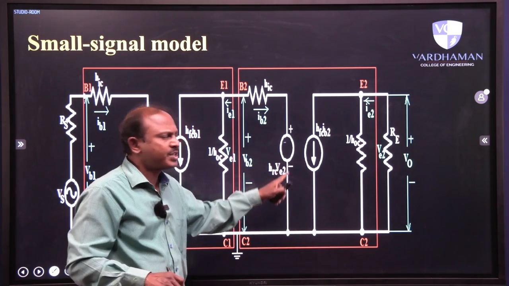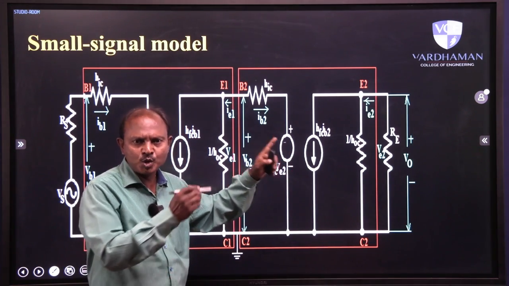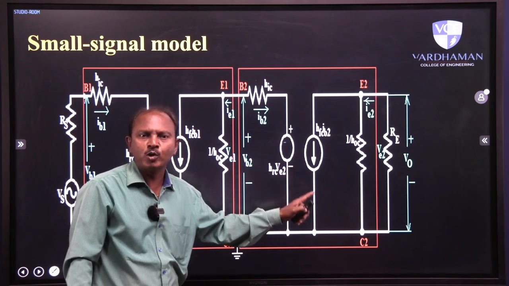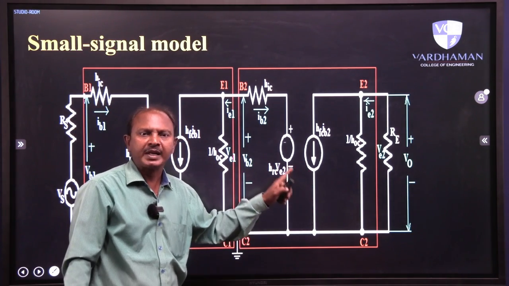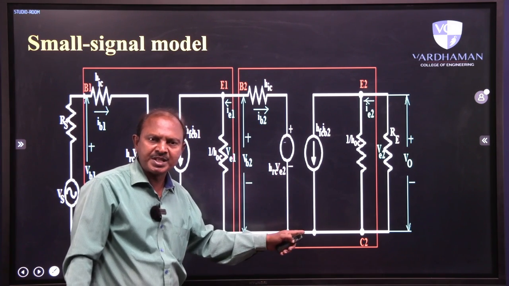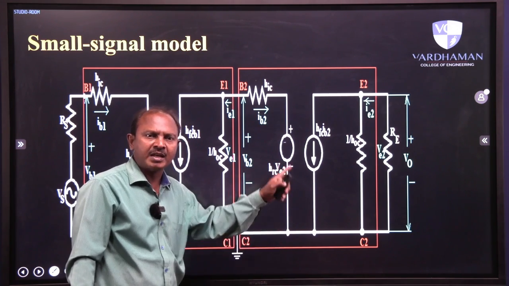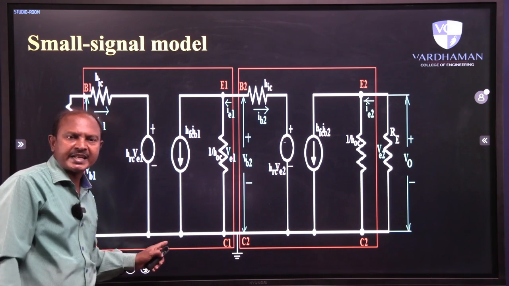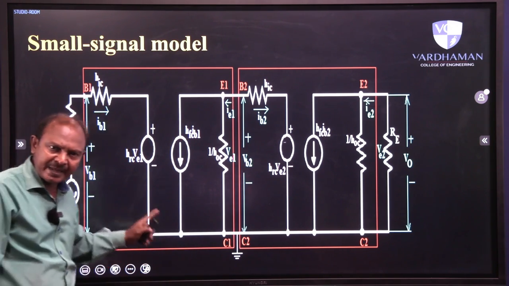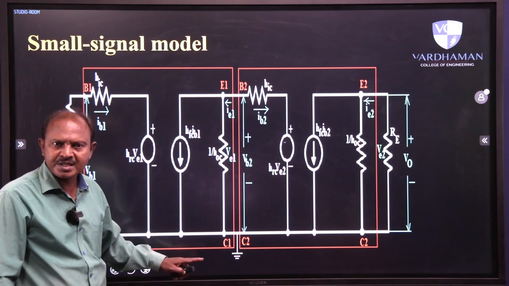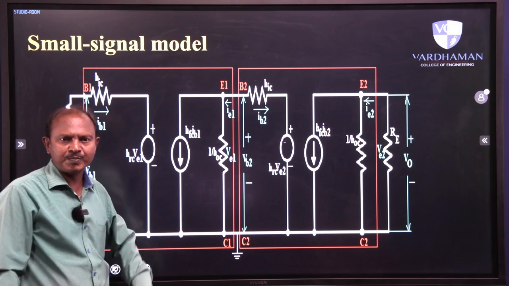The stage which is connected to the load is to be considered first. Complete the analysis for 4 different reference parameters, namely voltage gain, current gain, input resistance, output resistance of the second stage. Then consider the first stage analysis again. Again complete the analysis for voltage gain, current gain, input resistance and output resistance of the first stage.